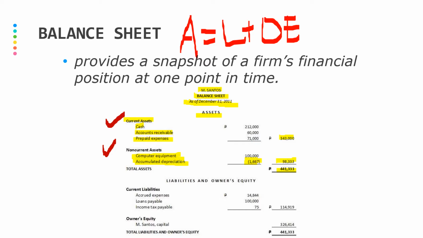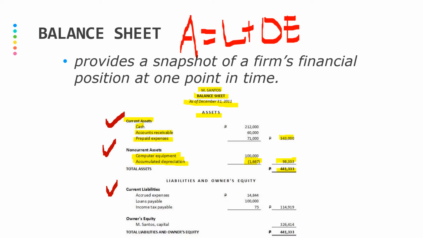So let's go to the liabilities and owner's equity. Now, same with asset, liability has two kinds also. It has current liability and non-current liability. Current liabilities are those liabilities or debts that are expected to be paid within 1 year, while non-current liabilities are those liabilities or debts that are expected to be paid beyond 1 year.